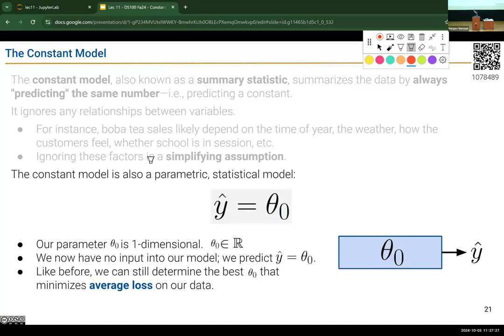Think of it as a machine. It was also a machine in simple linear regression, but this time the machine is only parameterized by theta zero. Every time you want inference, it will just give you theta zero as the prediction. And theta zero is not a vector, it's just a single real number that you get as the predicted value.